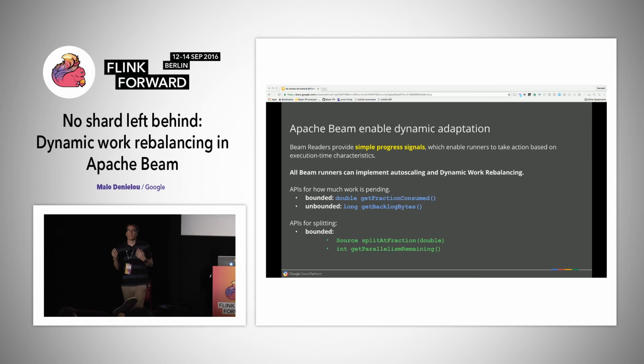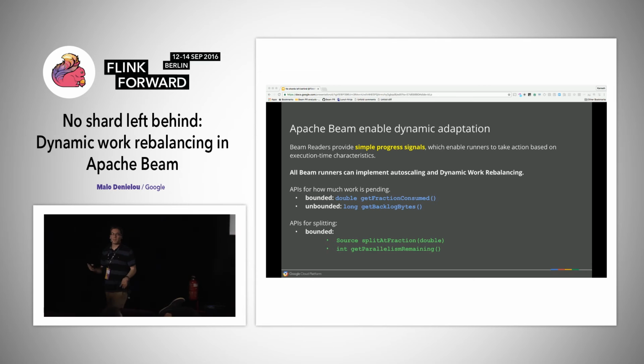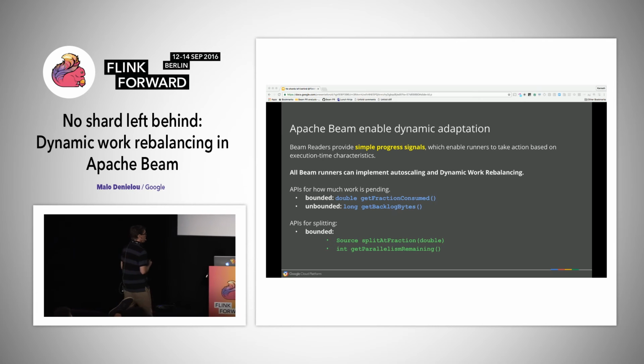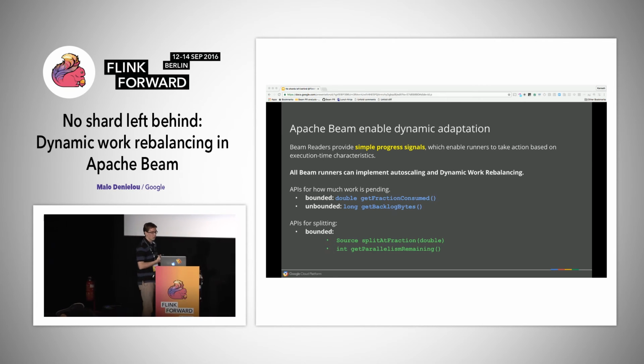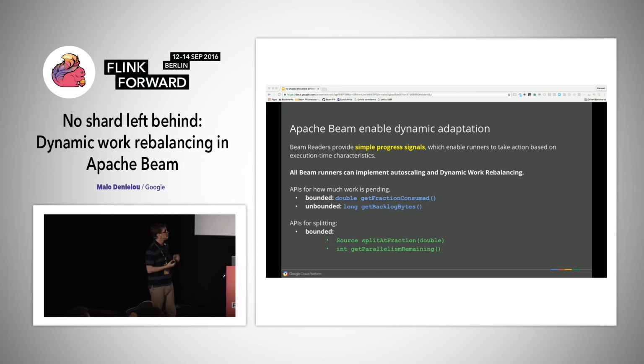And for unbounded, well, you're never complete, but one thing to find out if you're struggling with your input size is to look at the backlog, right? So we have in the unbounded source API this method getBacklogBytes, which returns how many bytes have been accumulated as a backlog from the reader.